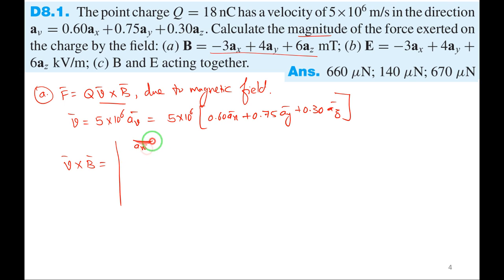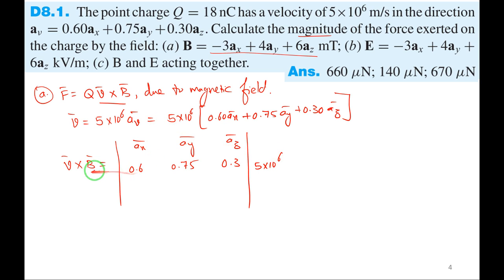So write the unit vectors AX, AY, AZ of the rectangular coordinate system, then write down the components of V vector: the X component, Y component, Z component. 5 into 10 power 6 is common, so I'll take it outside. The X component is 0.6, then Y component is 0.75, then Z component is 0.30.